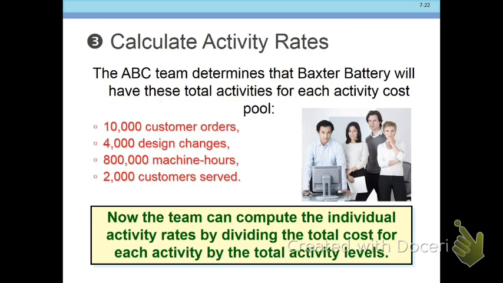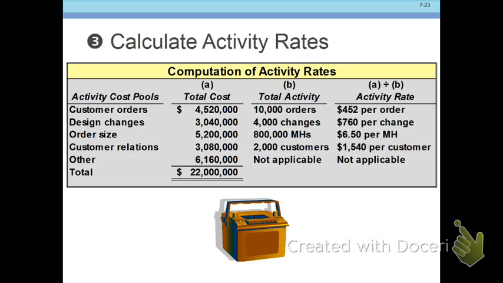And in this particular case, they had 10,000 customer orders, probably last year, 4,000 design changes, 800,000 machine hours, and 2,000 customers that were served. So now notice what they can do is they can take the total cost and divide it by the number of orders.